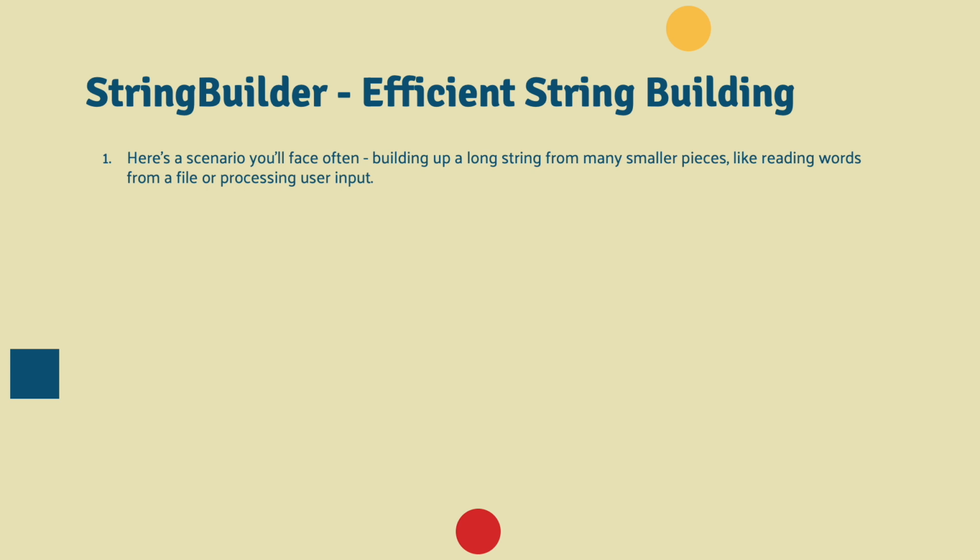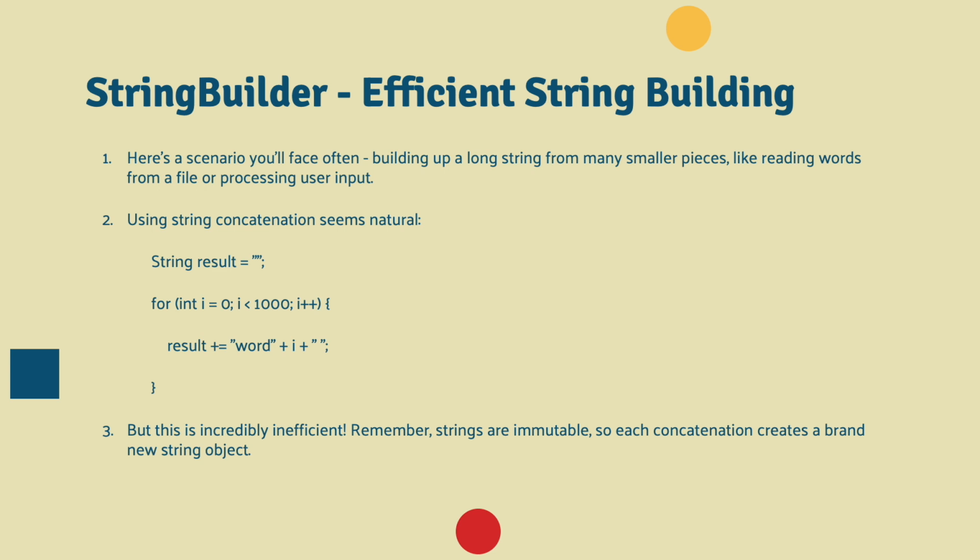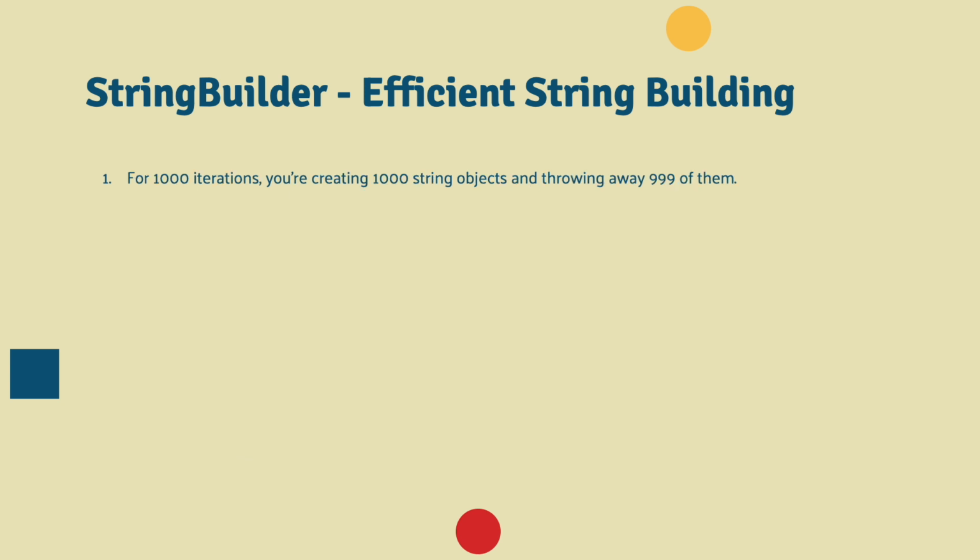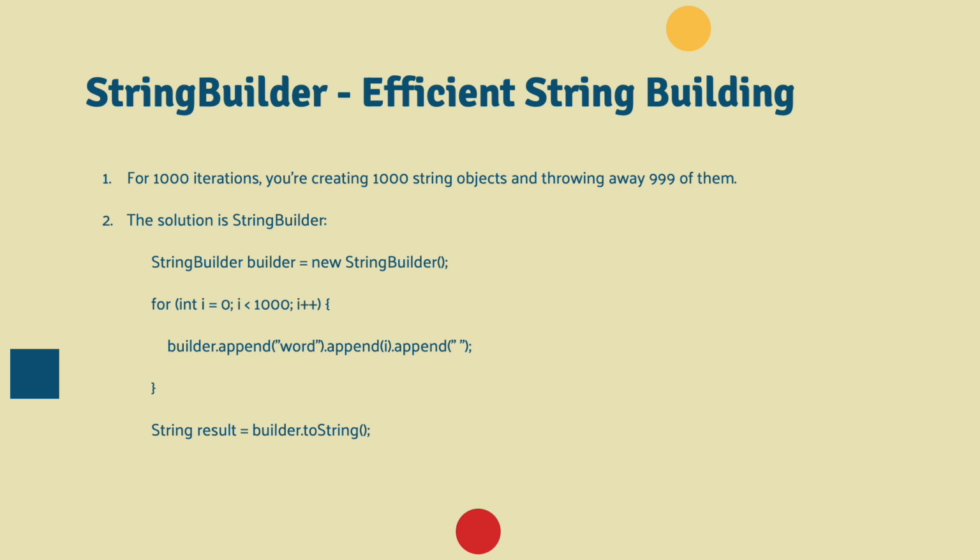Here's a scenario you'll face often: building up a long string from many smaller pieces, like reading words from a file or processing user input. Using string concatenation seems natural, but this is incredibly inefficient. Remember, strings are immutable, so each concatenation creates a brand new string object. For 1,000 iterations, you're creating 1,000 string objects and throwing away 999 of them. The solution is StringBuilder. StringBuilder uses an internal buffer that can grow as needed. You're only creating one final string at the end.